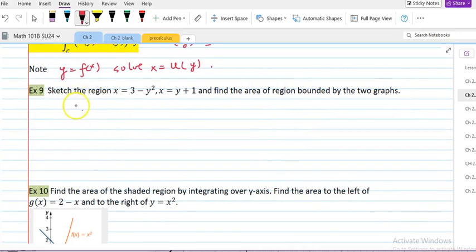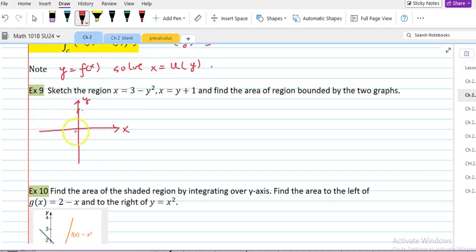So sketch the region bounded by x equal to 3 minus y squared. Now 3 minus y squared is using y as the axis, and so this is y squared.